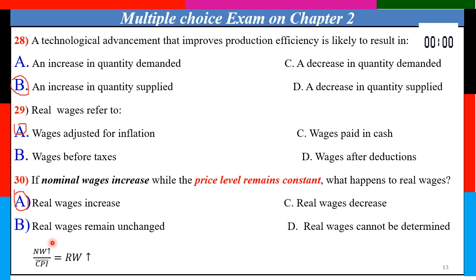Dividing the increasing number by the constant number, the result is an increasing number. So if the nominal wage increases and the price is constant, it causes the real wage to increase.